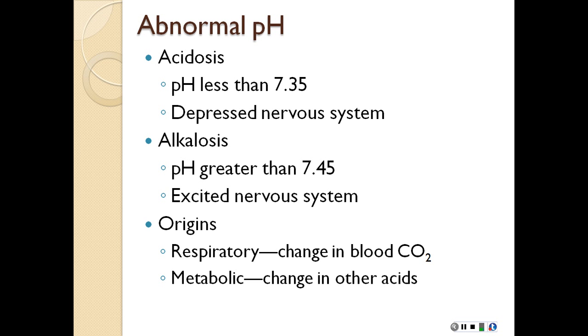The origins, so also these are the causes. So the causes of either of those could be changes in blood CO2, respiratory. So remember we said if we're breathing too fast, what is that called? Hyperventilation. So what are we doing to the amount of CO2 in our blood?